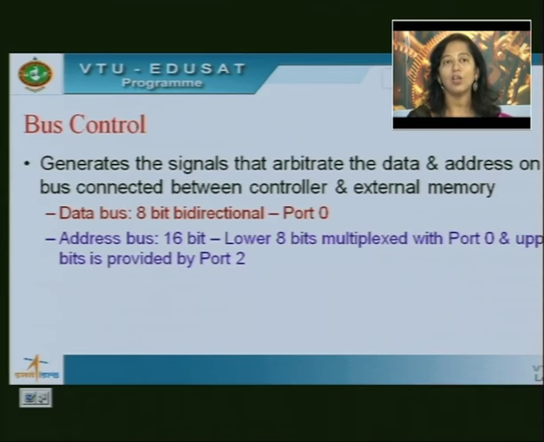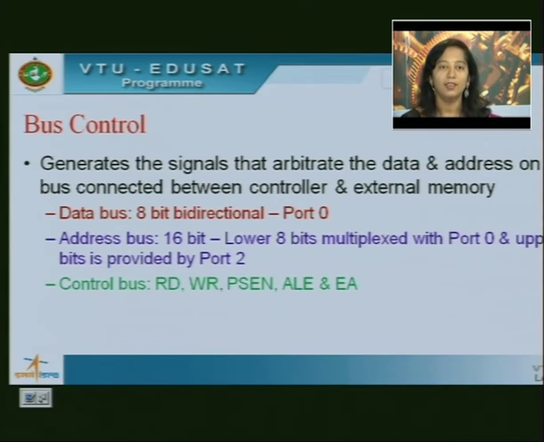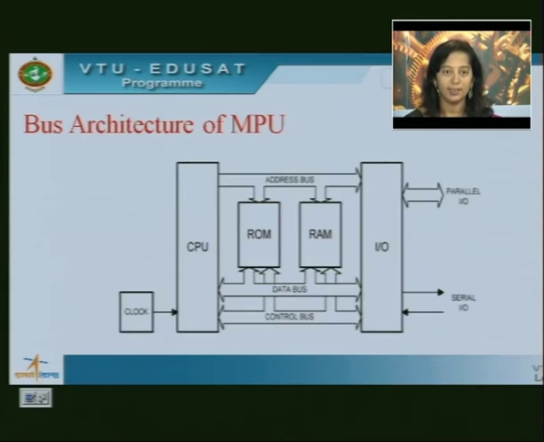We will latch on this lower byte of address on an 8-bit latch, and then the same port 0 lines will start carrying data, and the higher byte is continuously available on the port 2 lines of the microcontroller unit. The control bus is multiplexed with the port 3 lines. It can have different control signals like read, write, program store enable PSEN, address latch enable and EA external access.